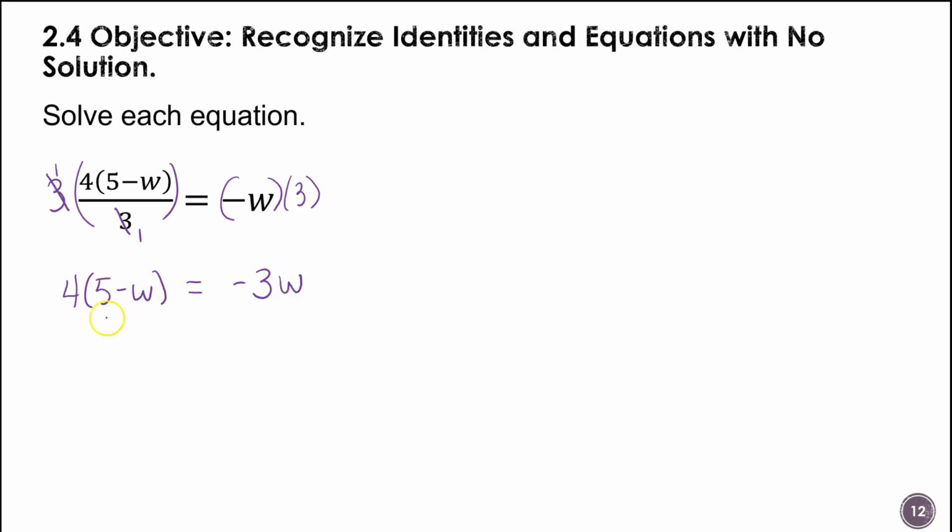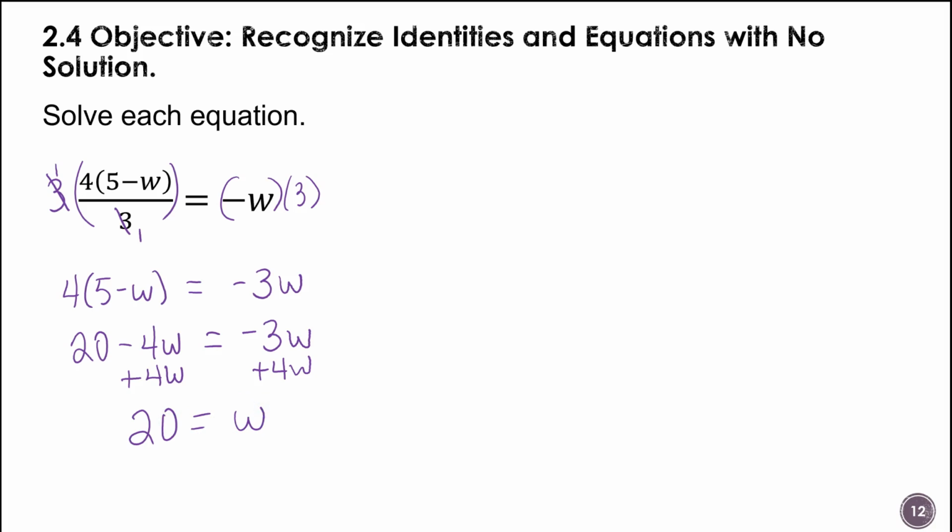I'm going to distribute the 4, so that would be 20 minus 4w equals negative 3w. So let's add 4w to both sides so we isolate the variables on the same side. And 20 equals w. So you can see that we end up with a solution of 20.